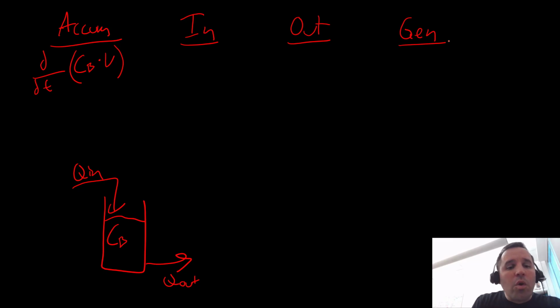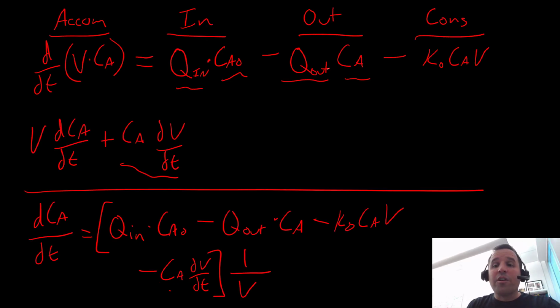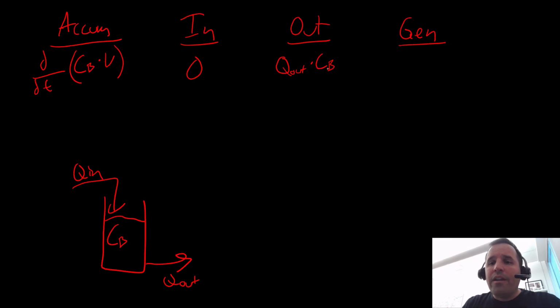Because B is a product and there's no B in our incoming fluid, this in term is actually 0. Our out term is Q out multiplied by the concentration of B. And then our generation term is just the opposite of our consumption term for A. It is K naught times CA times our volume.